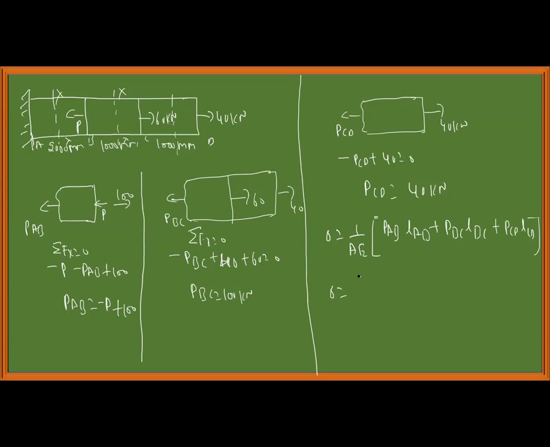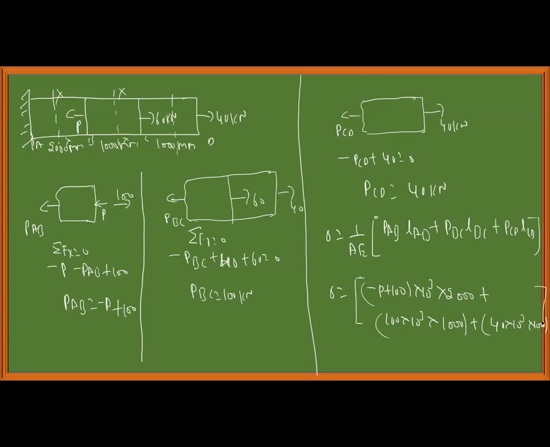Or 0 is equal to PAB, which is minus P plus 100 into 10 power 3 into 2000, plus PBC 100 into 10 power 3 into 1000, plus PCD 40 into 10 power 3 into 1000.